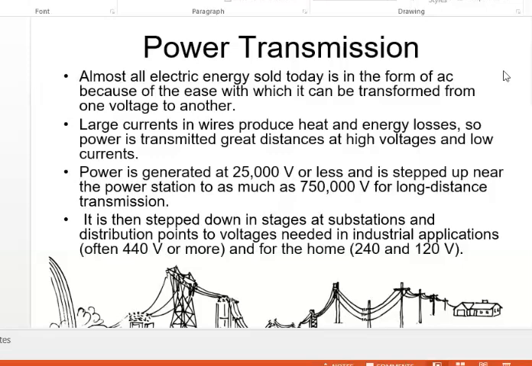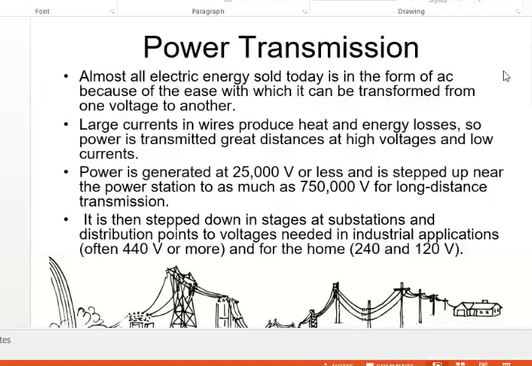Now it is then, at the consumer point, stepped down in stages at the substation and distribution points to the voltage needed in industrial applications, often 440 volts or more.